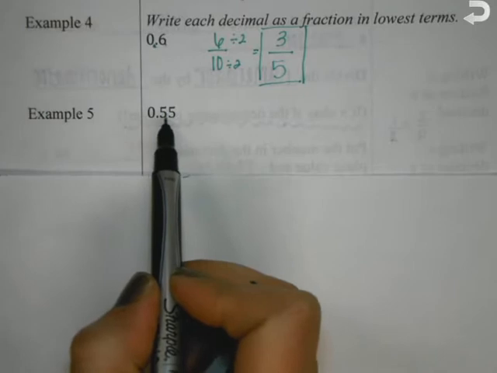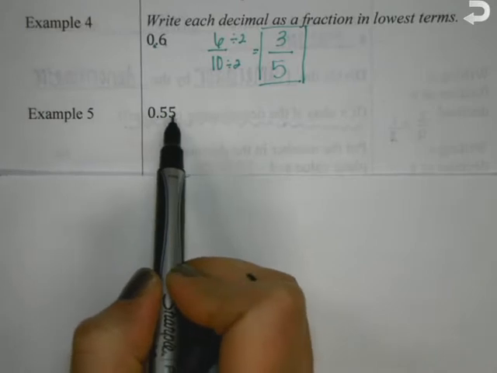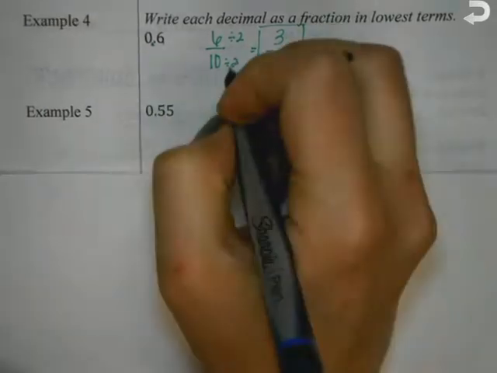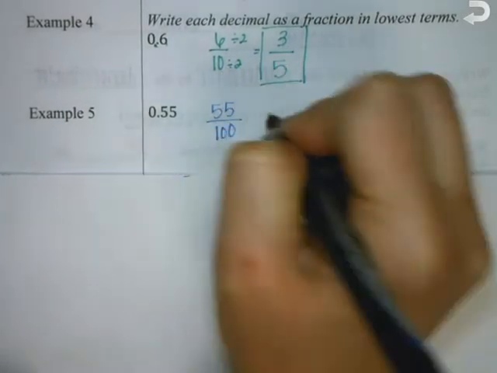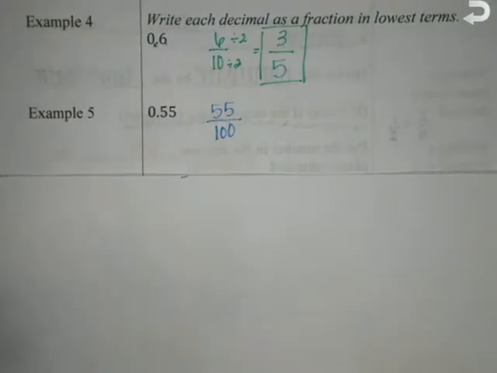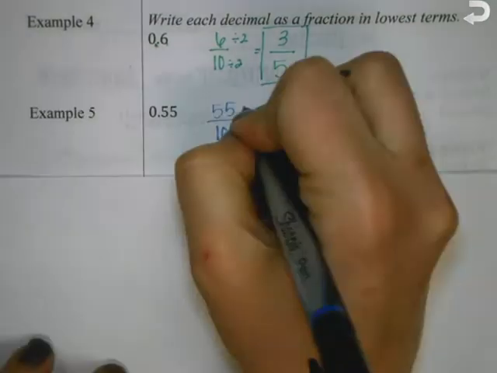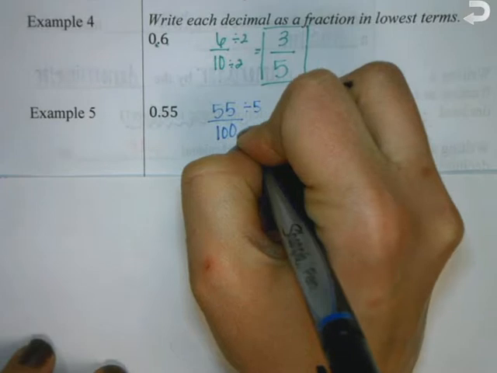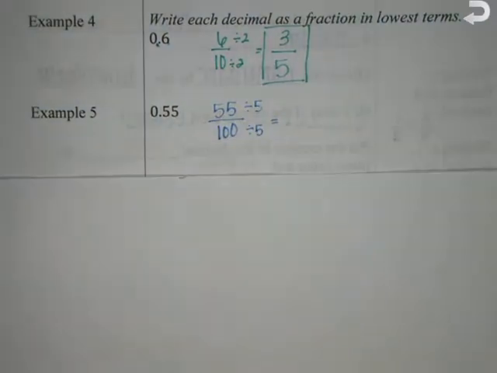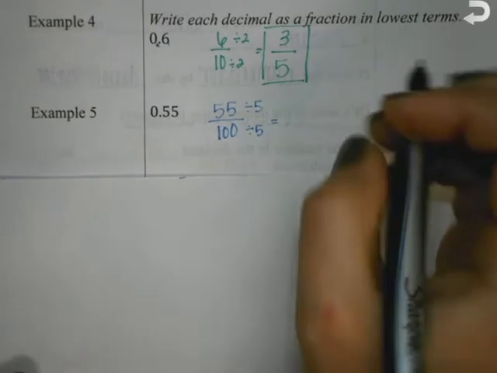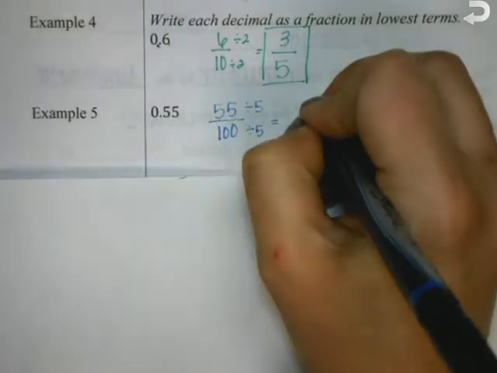So divide by 5 on top and bottom. 55 divided by 5 gives me 11. 100 divided by 5 gives me 20. Does 11 over 20 reduce any more? So 0.55 is the same as 11 over 20.